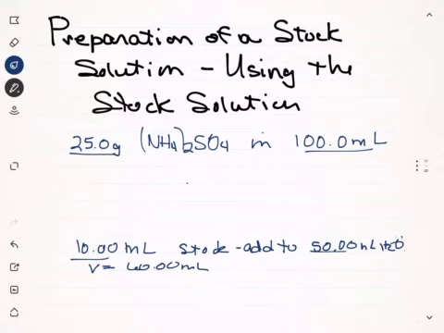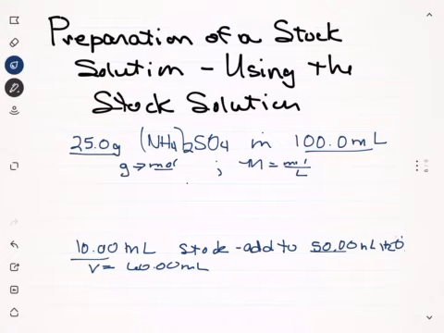So for our first equation, we are going to convert grams to moles. And once we have moles, then we're going to find molarity by taking moles divided by our liters. So we've got everything we need to do.